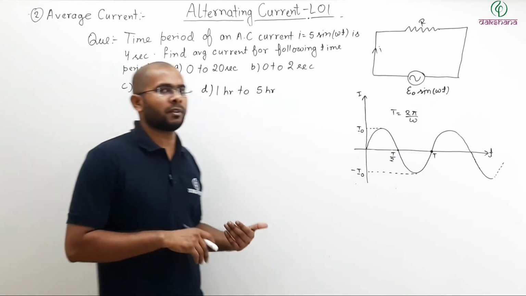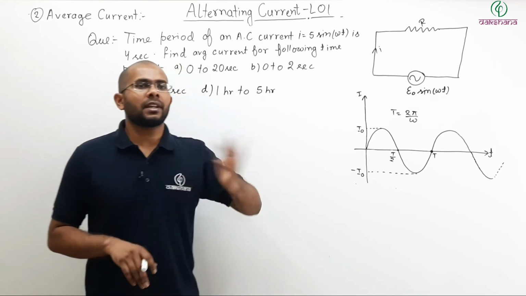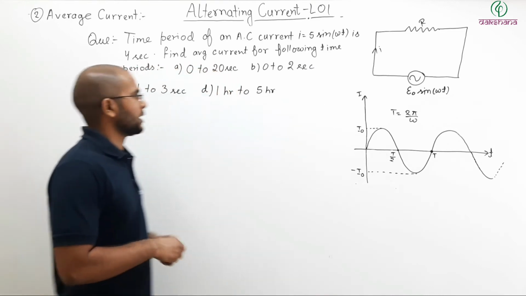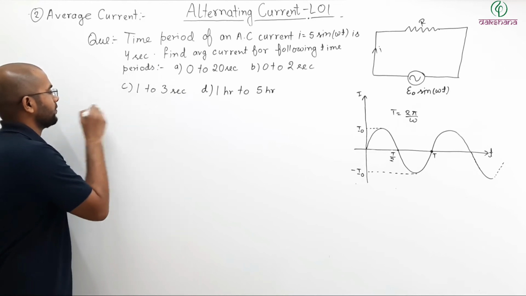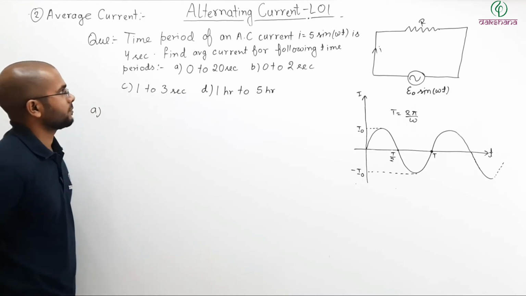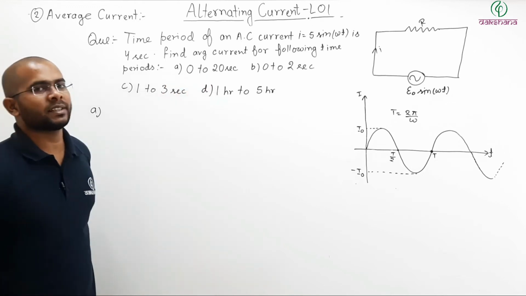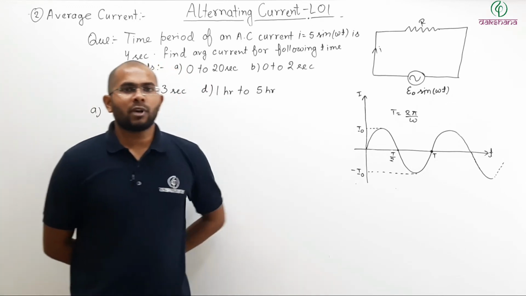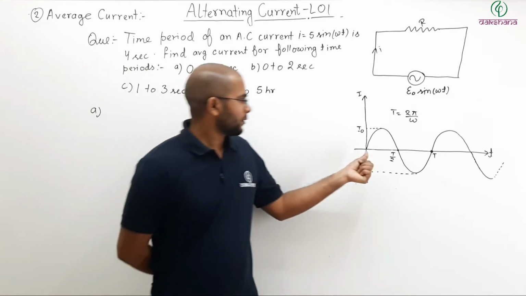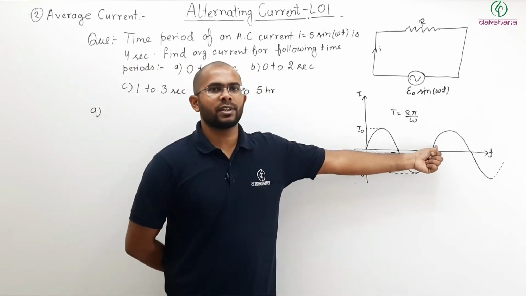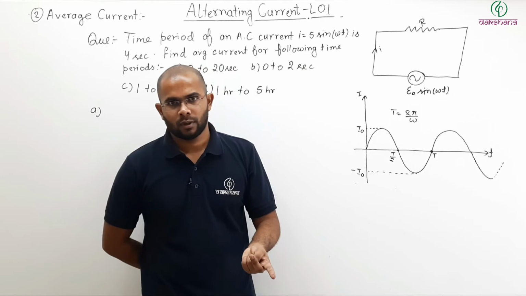As I have said before, average current may vary for different time periods. So let us say first section A: find the average current from 0 seconds to 20 seconds. Now for one whole time period from 0 to 4, the average current will be 0.